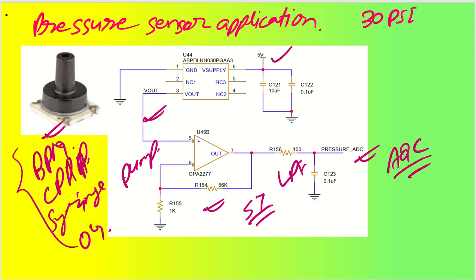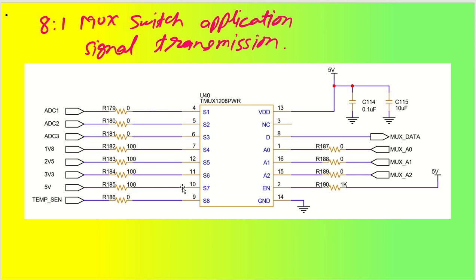For that, I'll connect a multiplexer switch. This multiplexer switch can take 8 signals. It is going to take one signal and convert it to the mux data output. These are the select lines mux A0, A1, A2, which give you 0,0,0, 0,0,1, 0,1,0.